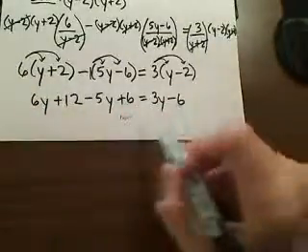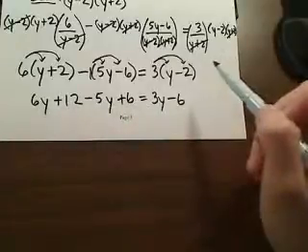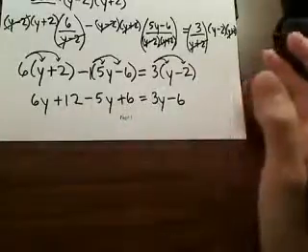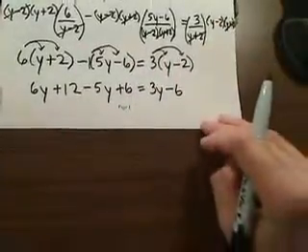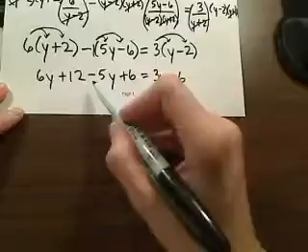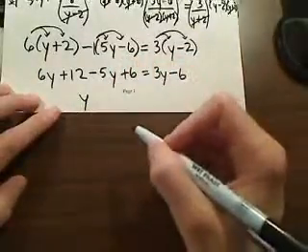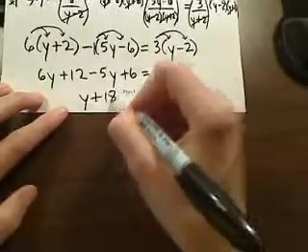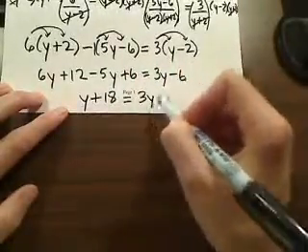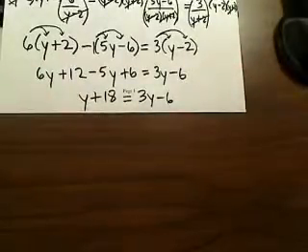This is linear, so when I say linear, I mean the highest power I see on the variable is a 1. That means we're just going to try to get all of our variables on one side and the constants on the other side. If I collect like terms on this side first, the 6y and the minus 5y is just a positive y, and 12 and 6 is going to be 18. And that's equal to the 3y minus 6.